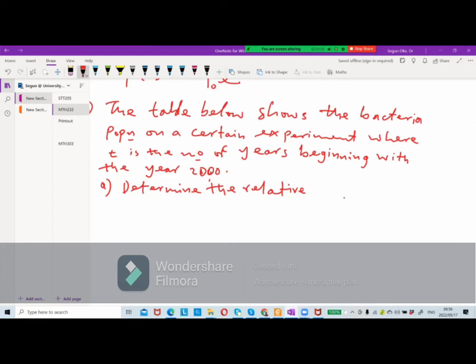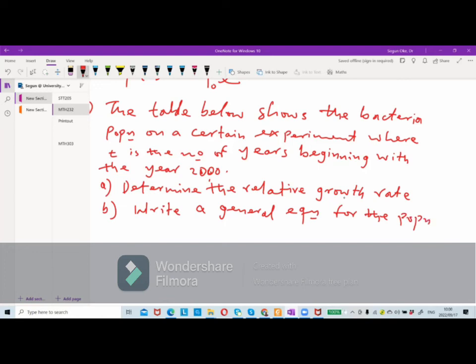Determine the relative growth rate. B, write a general equation for the population P of t.